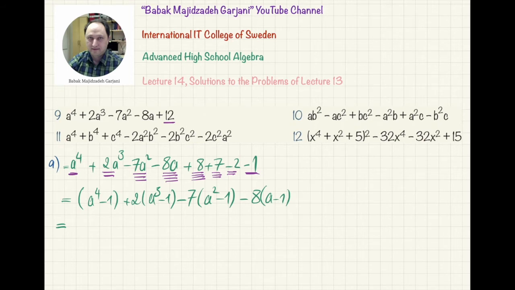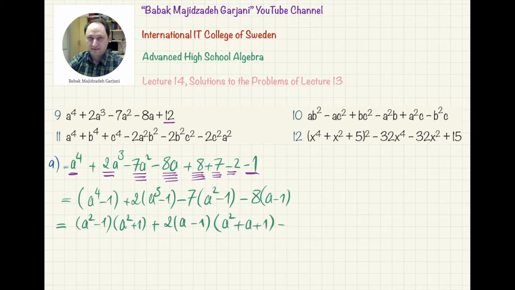A to the 4 minus 1 can be factorized by the conjugate rule: a squared minus 1, a squared plus 1. The second one can be factorized by using the difference of two perfect cubes. So the answer becomes the cube root of the first one minus the cube root of the second one, and then you write the first one squared, the product of them with the opposite sign, and the second one squared.